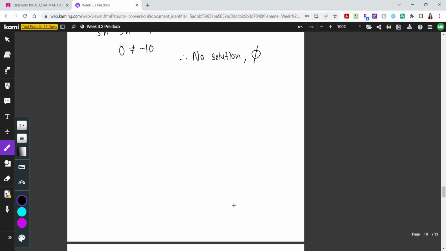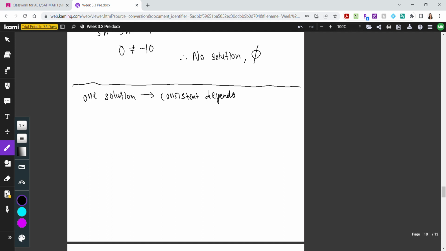All right. Now, some verbiage that may or may not come out during your test is this. When we have one solution, it is known as consistent independent.